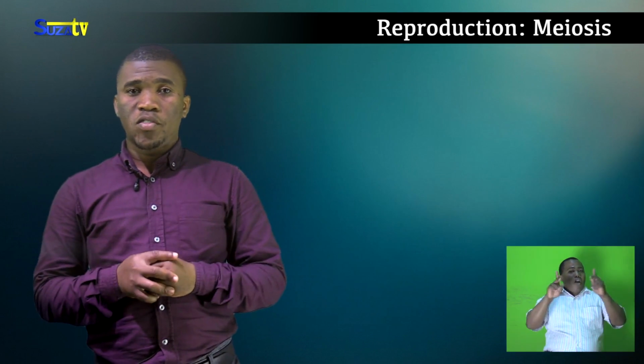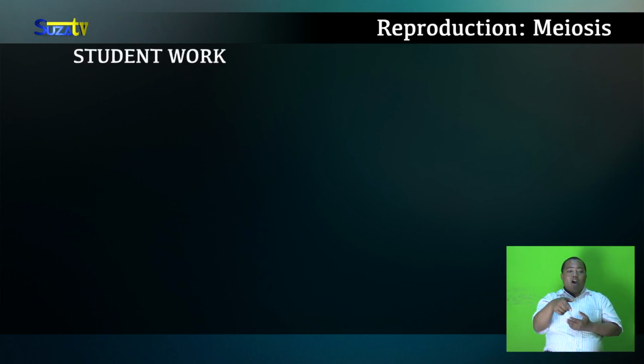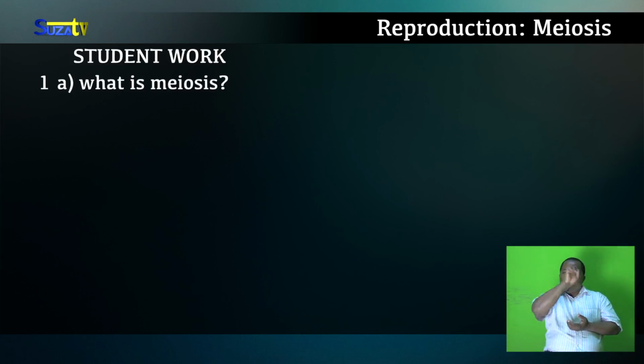My dear students and other viewers, after learning a lot concerning meiosis, now is the time for the task. Our task today is this. Question number 1. A. What is meiosis?